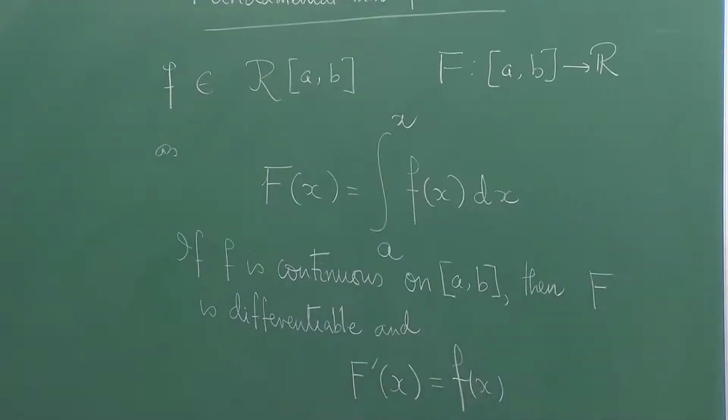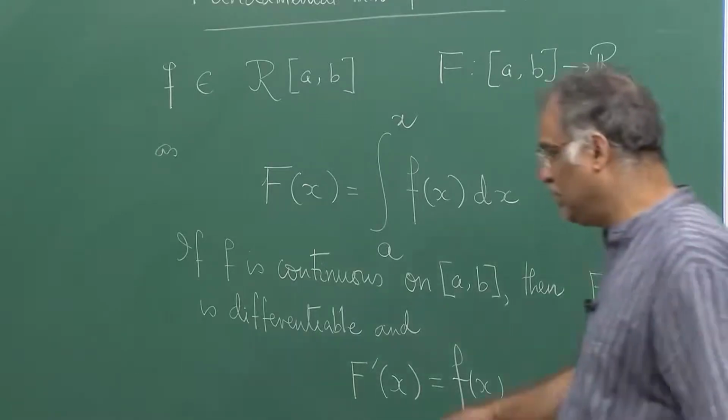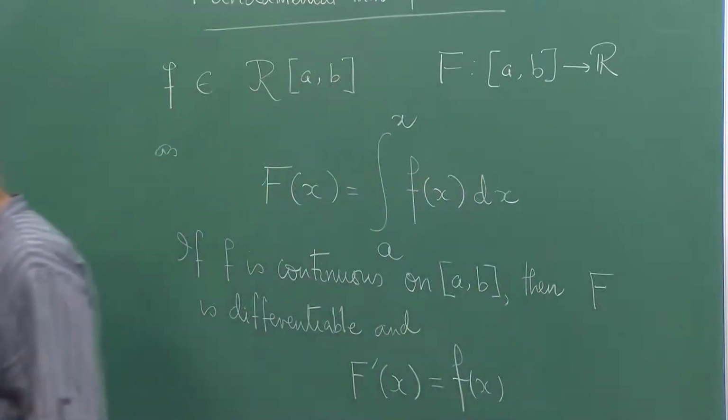It is clear that F'(a) is f(a), which is clearly defined, and F'(b) is f(b), which is clearly defined. Of course, F'(a) means the right derivative and F'(b) is the left derivative, that is all.